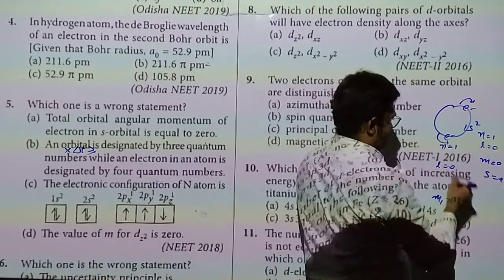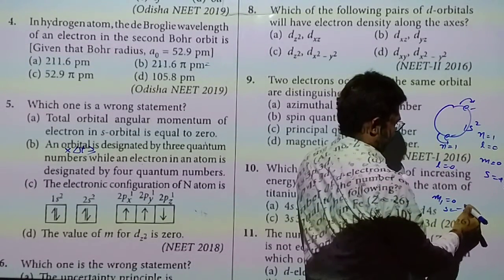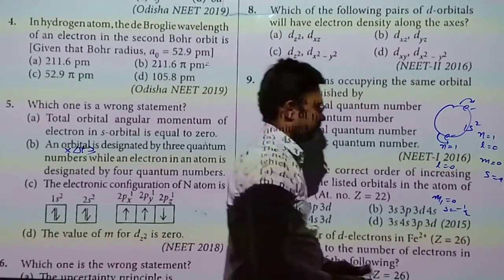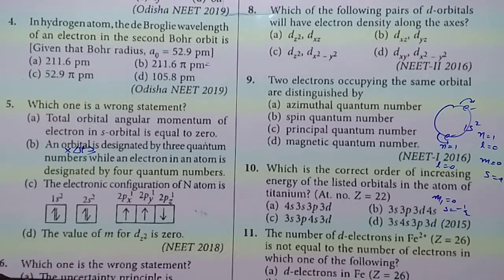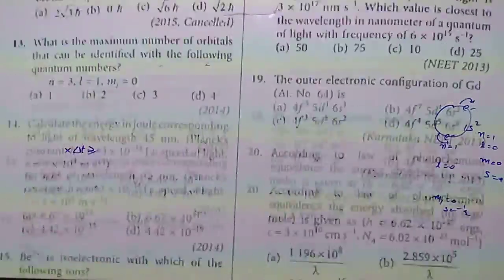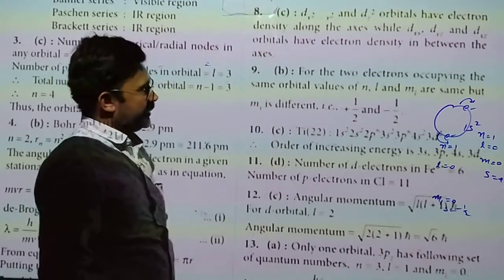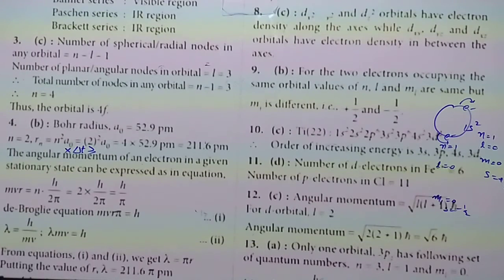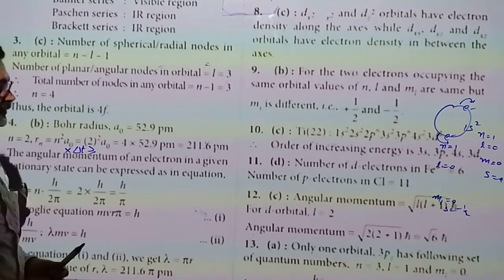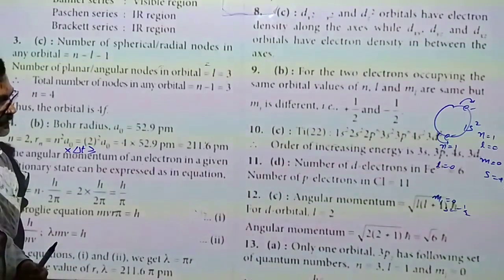It should be clockwise or anti-clockwise. So spin quantum number is the answer to question number 9. For two electrons occupying the same orbital, values n, l, m are the same, but spin quantum number will be different, plus half or minus half.